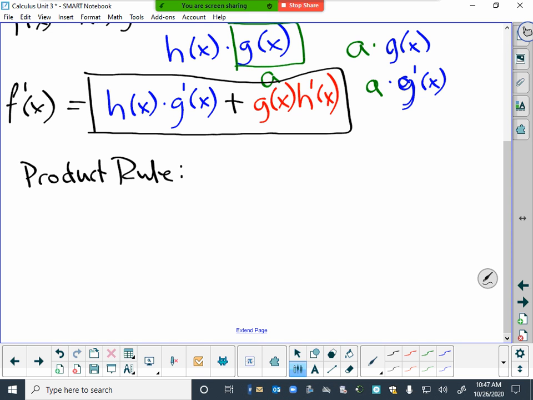And you can remember it like this, or you can remember it the way my calculus teacher in high school taught me, and I still remember it from that, so it was pretty good.